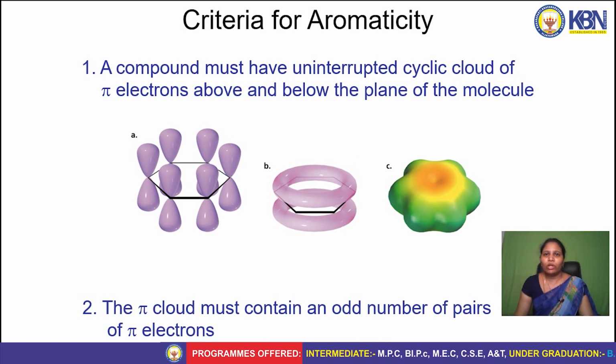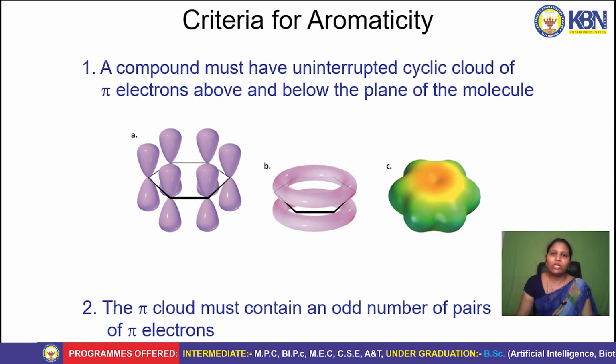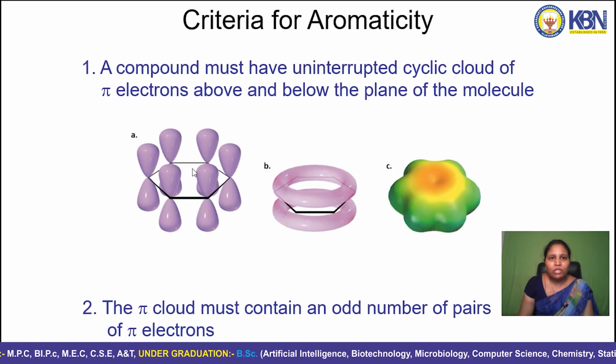So a compound, in order to have aromaticity, should satisfy the first rule, that is it should have a cyclic cloud of pi electrons. That means all the electrons should rotate in one direction. The second criteria is that the pi cloud must contain an odd number of pairs of pi electrons.